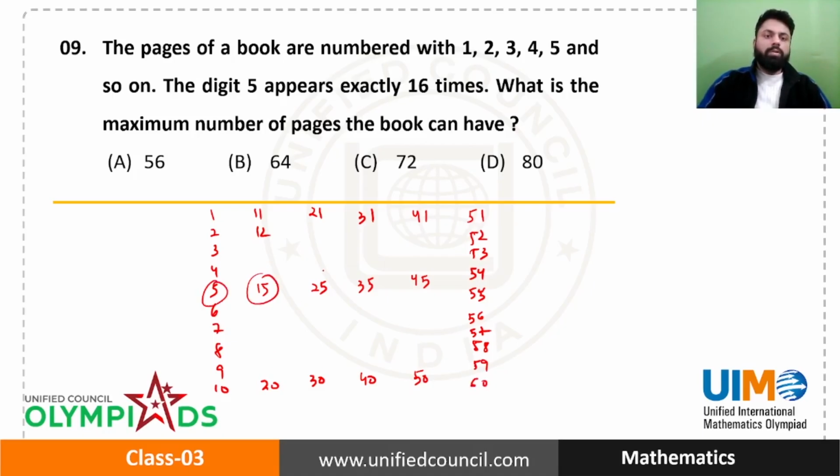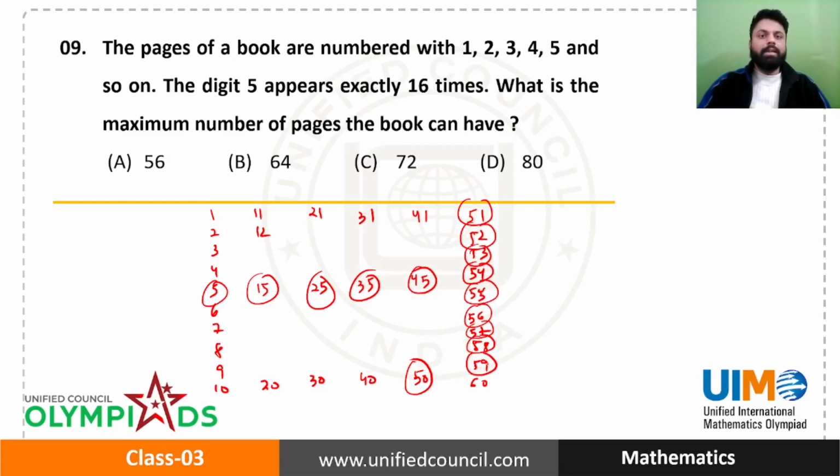Counting the 5s, 16 times it is coming, as part of 59. Then 60, then 61, 62, 63, 64, 65. Now the 17th time it is coming, so it cannot appear. So the maximum number of pages can be 64.